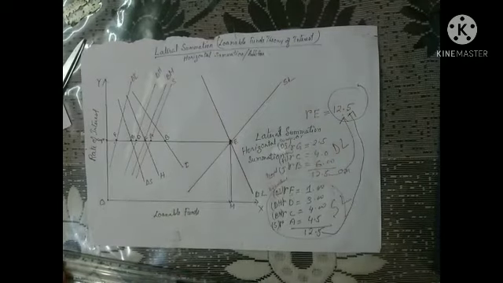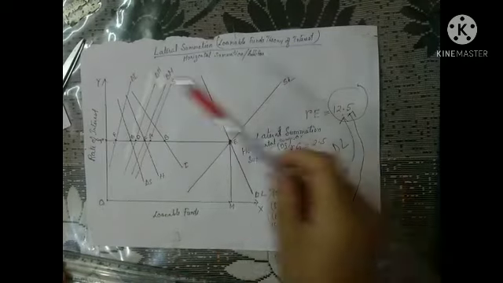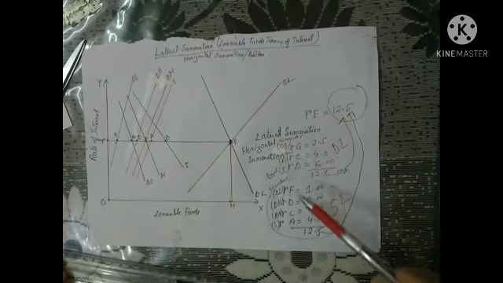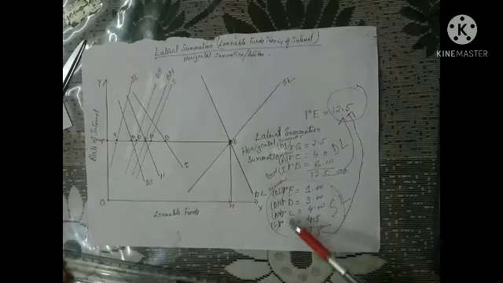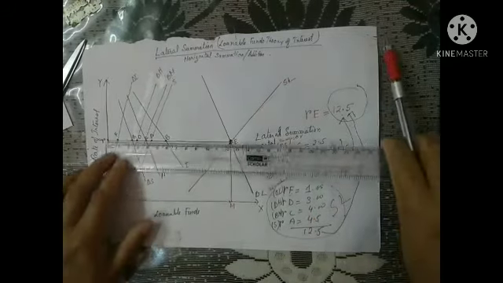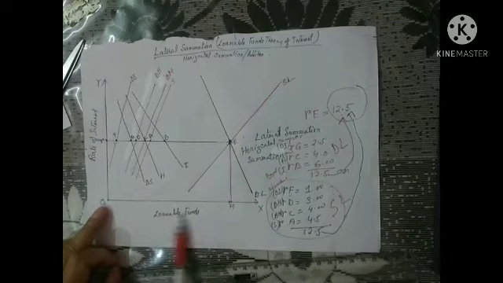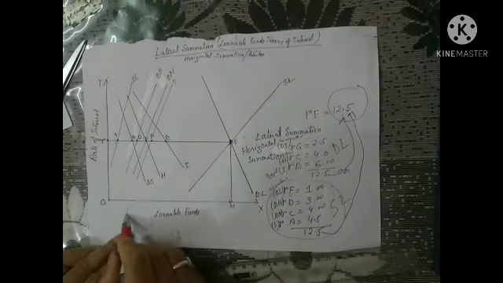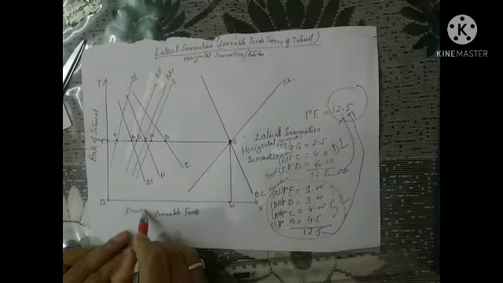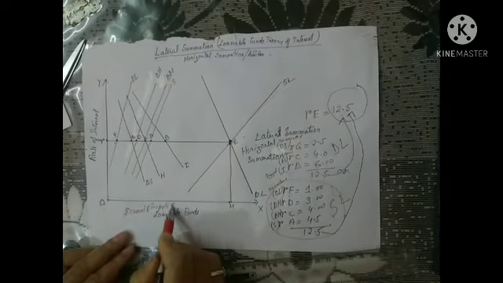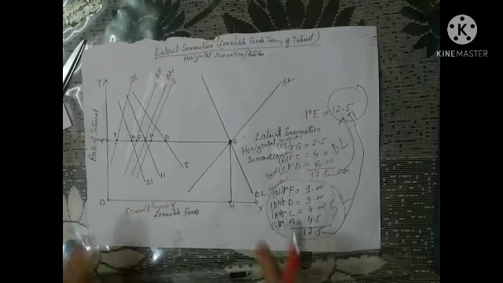Now we will try to plot DS, H, I, RF, RD, RC, RA. Now you make a line from OR, which is the rate of interest reflected on the OY axis, and this is the loanable funds, demand and supply of loanable funds, reflected on the OX axis.